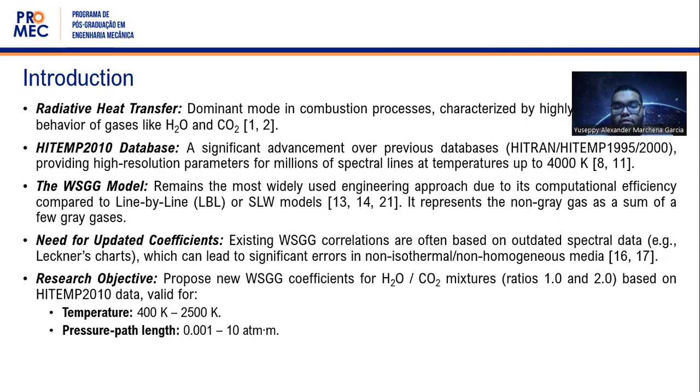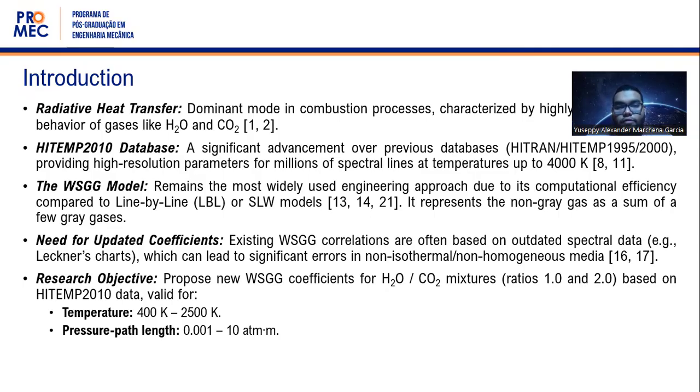The development of high-resolution databases, particularly HITEMP 2010, has made it possible to significantly improve the accuracy of a variety of models at high temperatures. Although advanced models such as SLW, CW, and K-distribution use detailed spectral information directly, their high computational cost limits their use in coupled simulations.